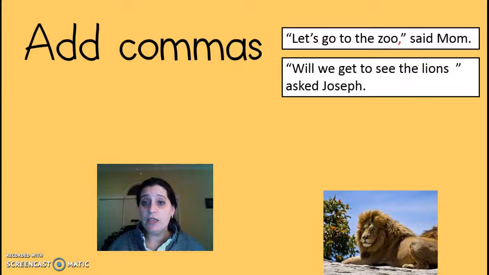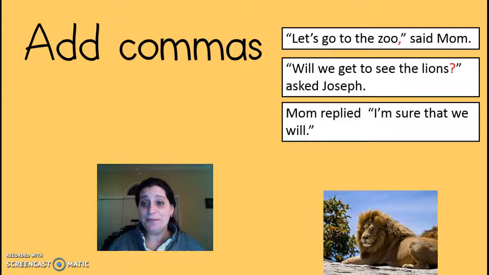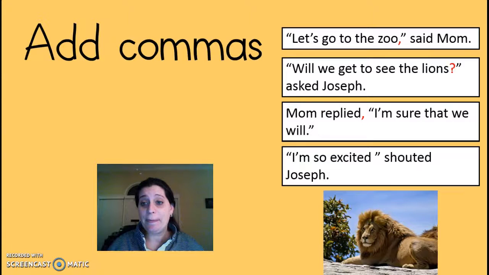In the next one, "Will we get to see the lions?" asked Joseph. That is a question, what Joseph asked. And so instead of putting a comma there, we're going to put a question mark in. Also, when you have a speech tag at the beginning, Mom replied, "I'm sure that we will." You're going to have a quotation mark there, a comma there, to separate your dialogue tag from your quote.